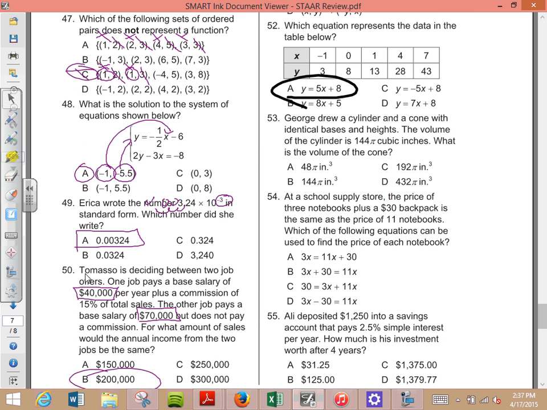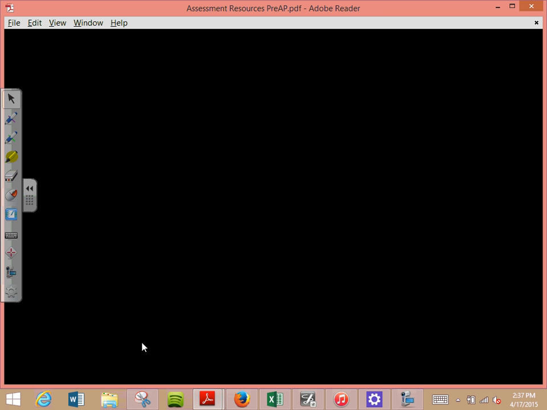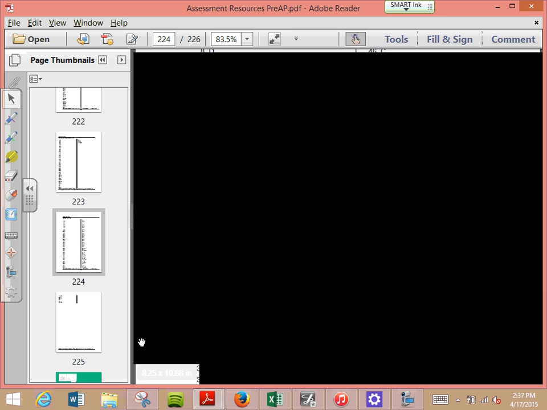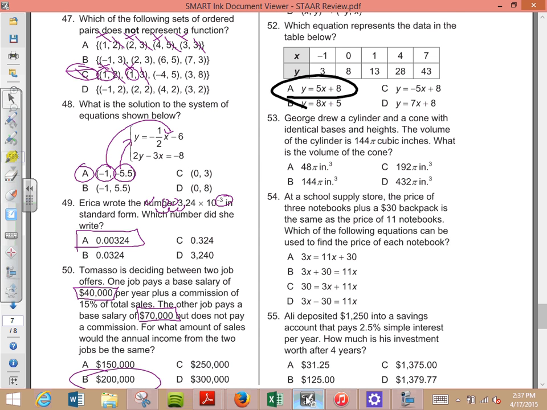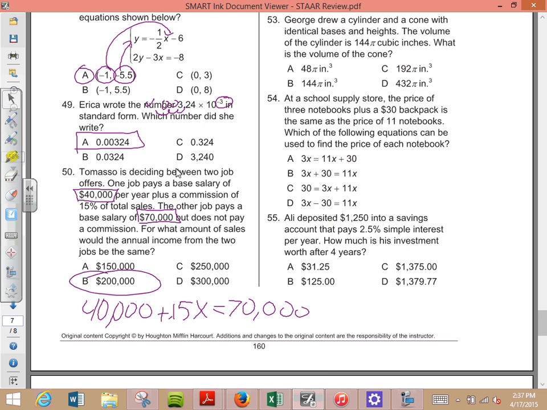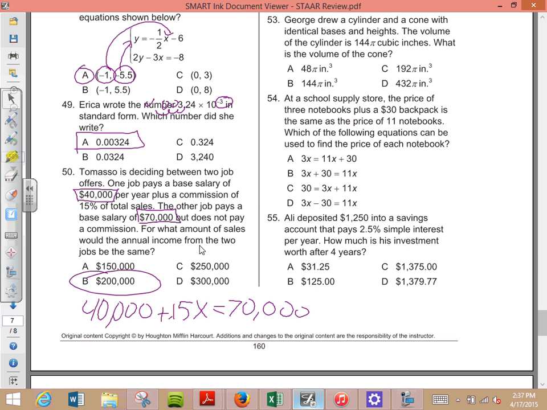53 is the following. Come on, come on, come on. A. 54 is B. No, girl. 54 is B. 56.